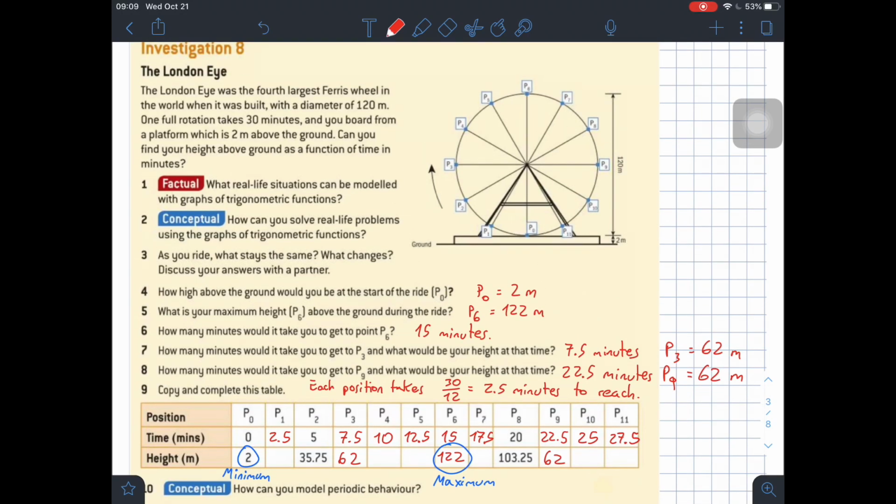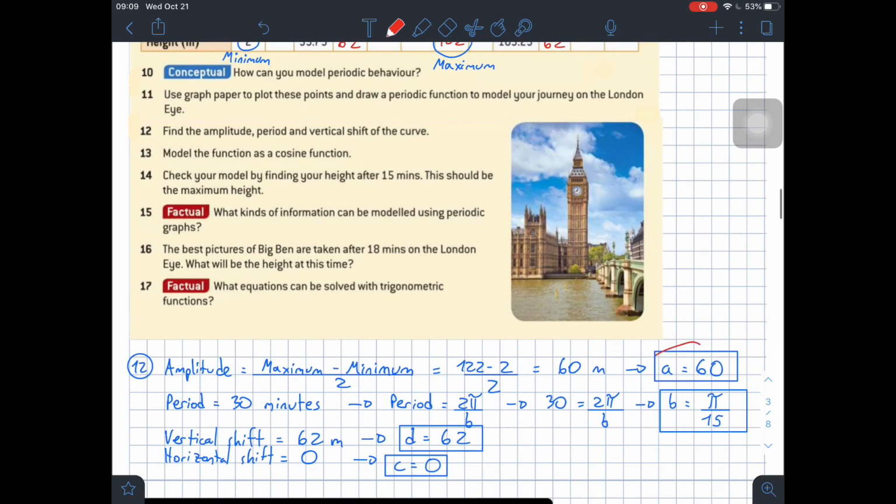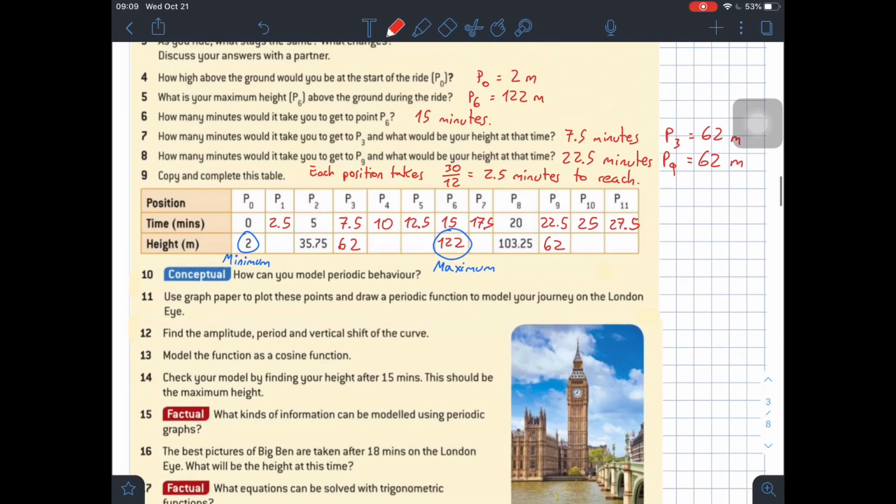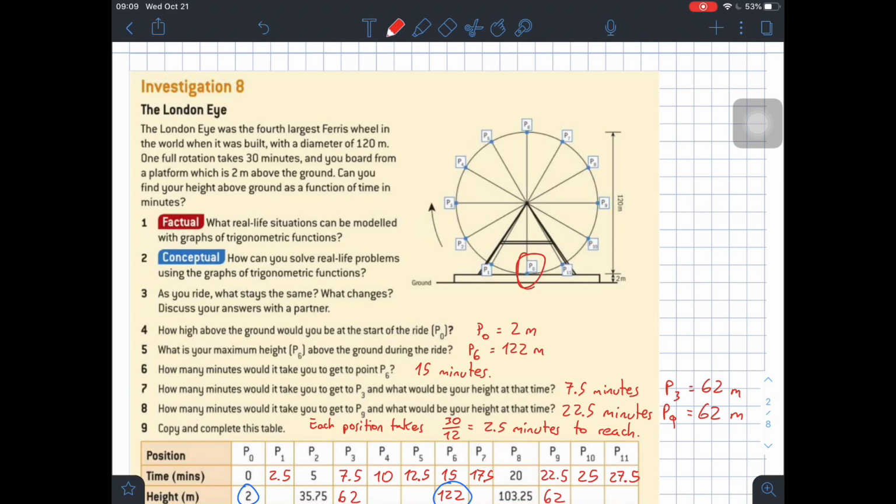The cosine function starts either at a maximum or a minimum. Actually, the original cosine function, the parent function, always starts at its maximum. So if I put a negative sign in front of the value of a, then I will be reflecting it on the x-axis, and this cosine function will be starting at its minimum point.